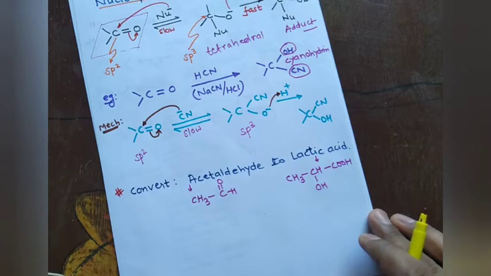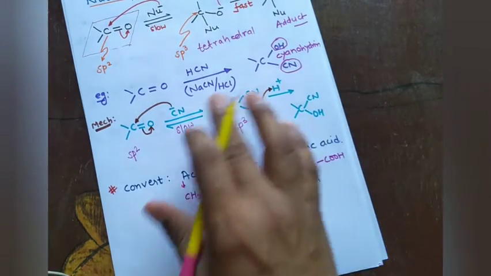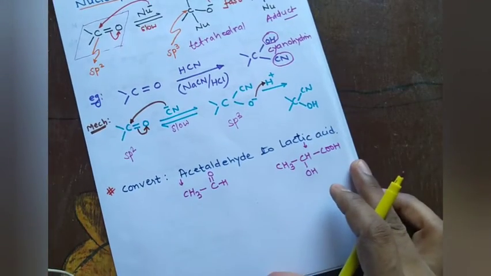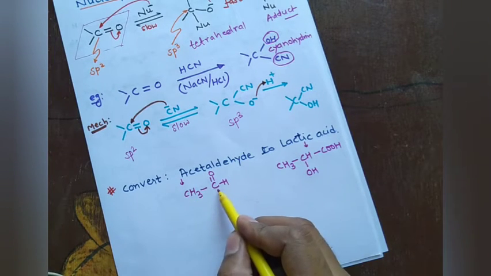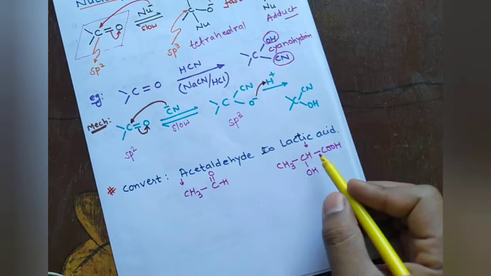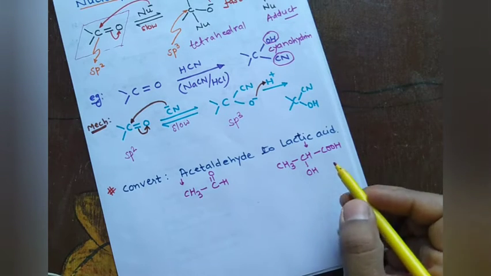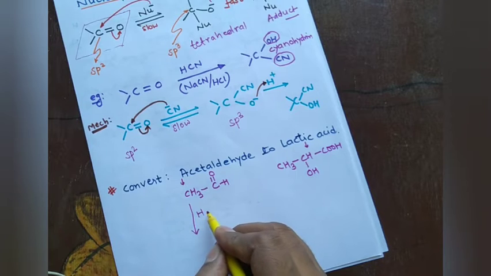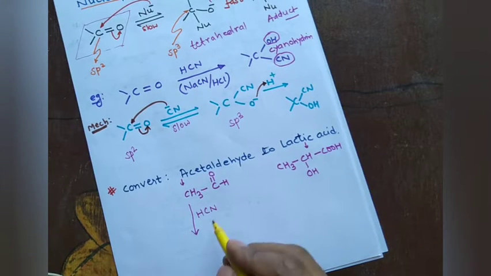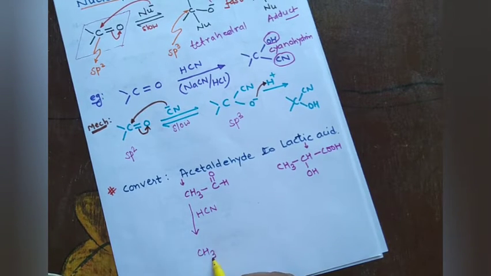Now, with the help of this cyanohydrin reaction, we can do the conversion. Since one carbon is increasing, acetaldehyde has only 2 carbon atoms, while lactic acid has 3 carbon atoms, you can add HCN. You will get the cyanohydrin of ethanal, CH3CH(OH)CN.